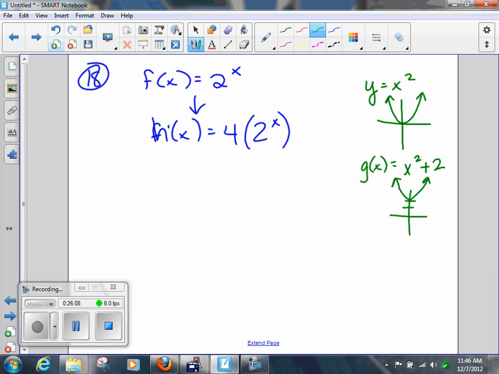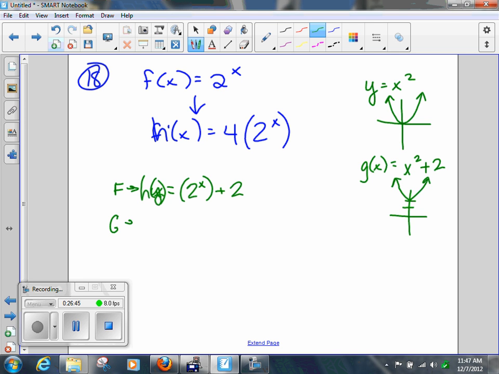All right, now look at f and g. Has that function been shifted up 2 units or 4 units? And they haven't. If F were the answer, shifting up 2 units would be the equation 2 to the x plus 2, and then h of x would be 2 to the x plus 2.